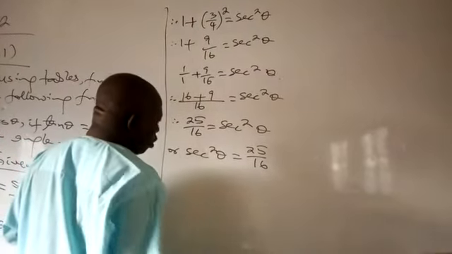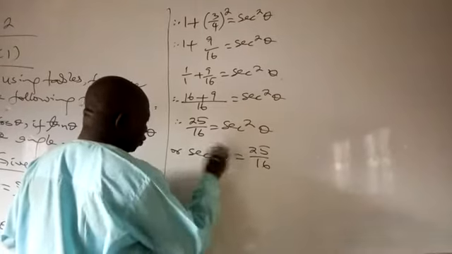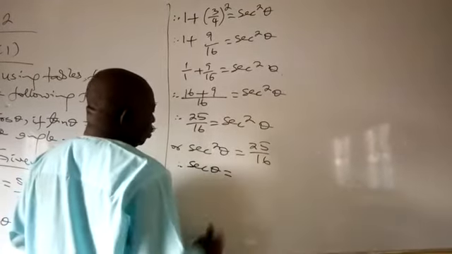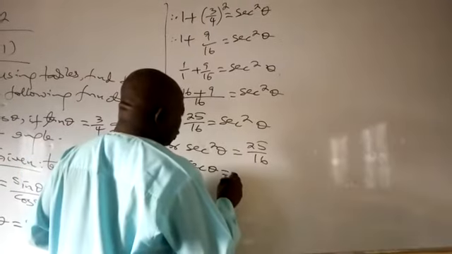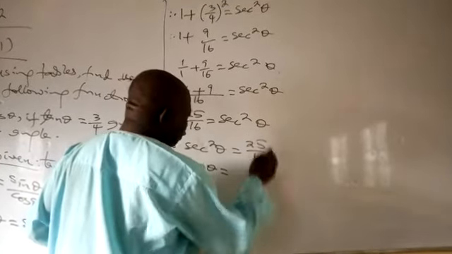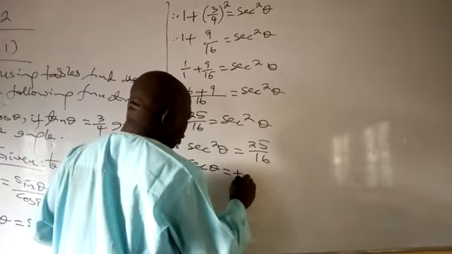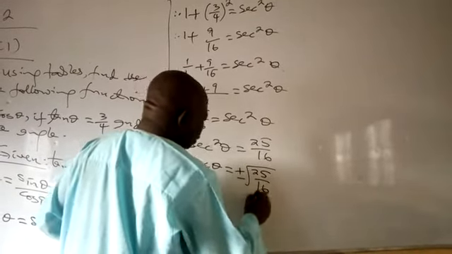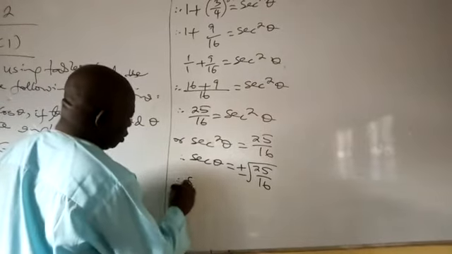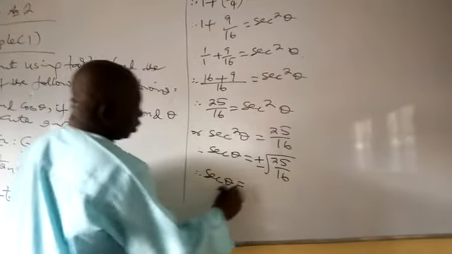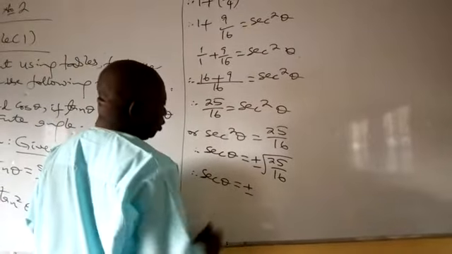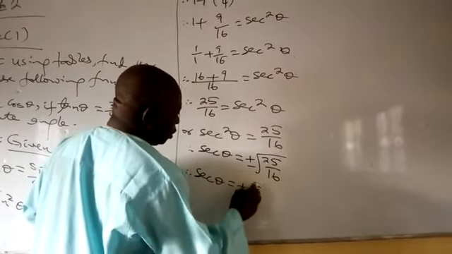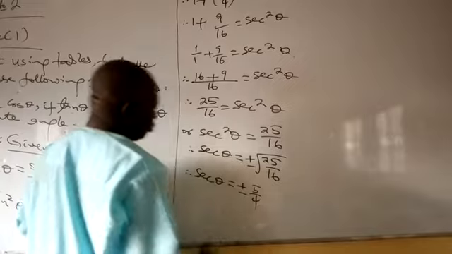Take square root of both sides. The square root of sec square theta is sec theta, which is equal to plus or minus the root of 25/16. Therefore, sec theta is equal to plus or minus the root of 25, which is 5, over the root of 16, which is 4.